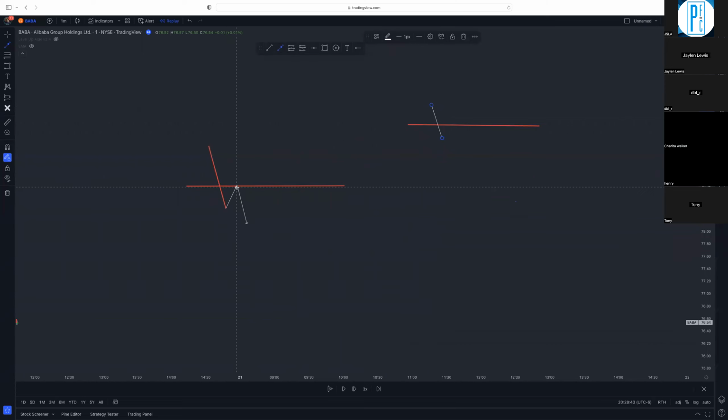Since I have the confirmation from SPY, I am now willing to take the breakdown on Apple. Sometimes SPY already got the break and retest, and now Apple has strong momentum to break to the downside. Sometimes you're going to get a move just like this, where Apple is just going to die because SPY is now going lower.